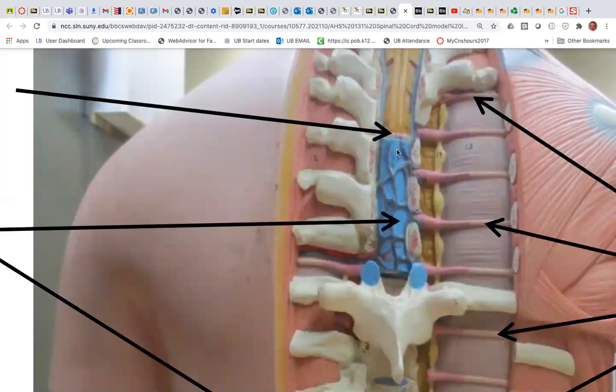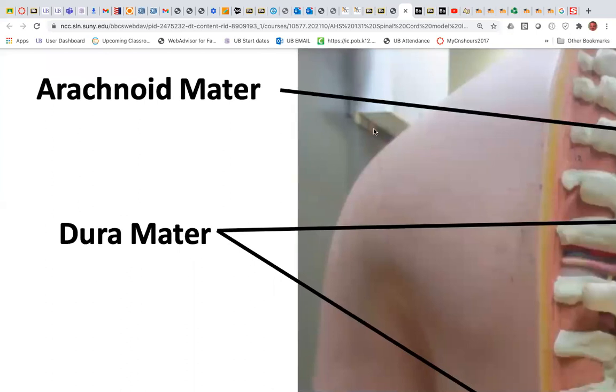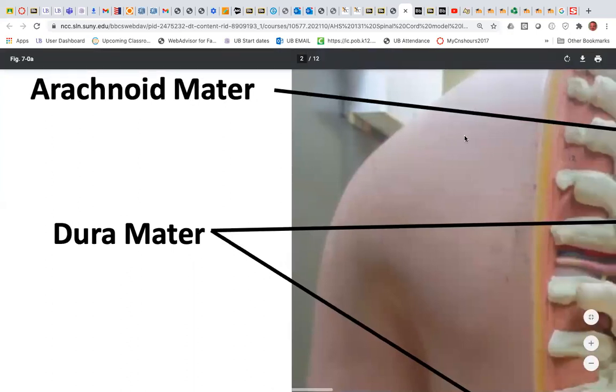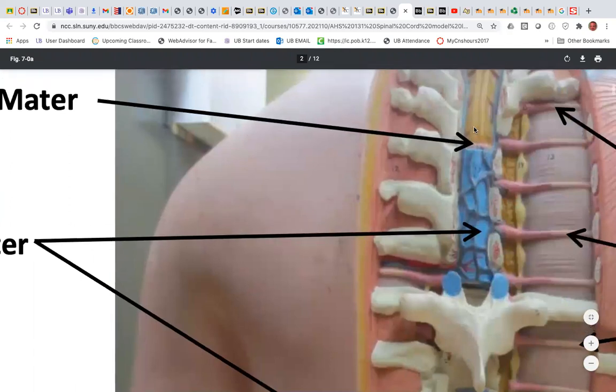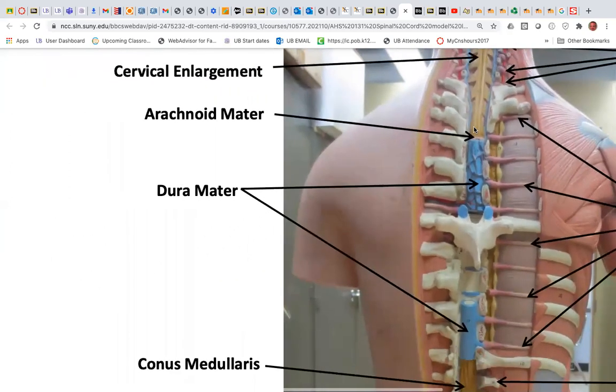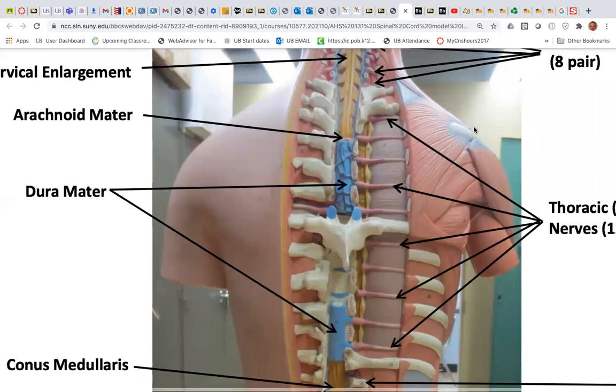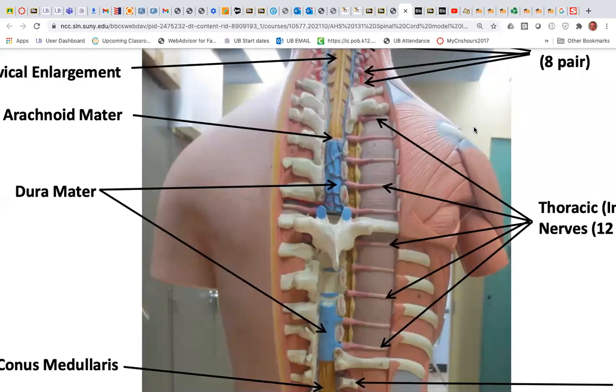When we go a layer deep to the dura mater, there's another meningeal layer, and that's called the arachnoid mater. And then as we go a little bit deeper, we'll show you a different view where we can see the pia mater. So there are three layers of meninges: dura mater, arachnoid, and pia mater.